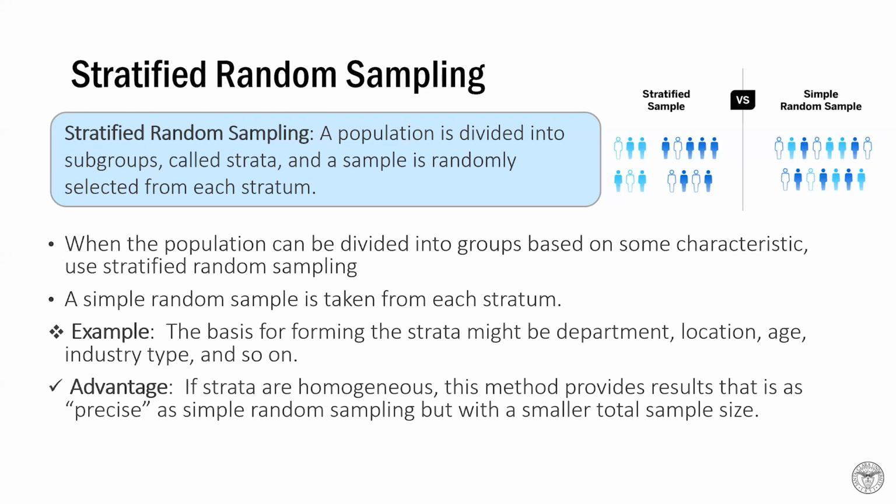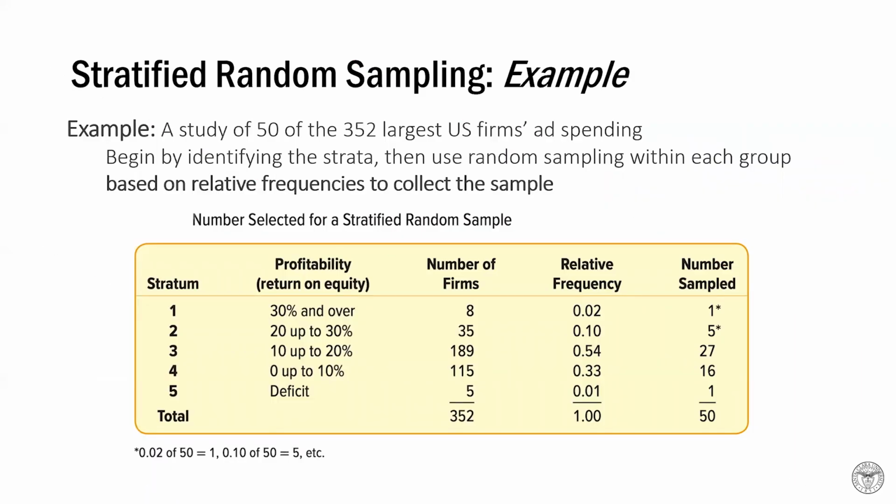Intuitively, if strata are homogeneous, stratified random sampling will provide a result that is as precise as simple random sampling, but with a smaller total sample size. In this example of using stratified random sampling, 352 largest US firms at spendings have been grouped by profitability, measured by the percent return on equity, into 5 strata.